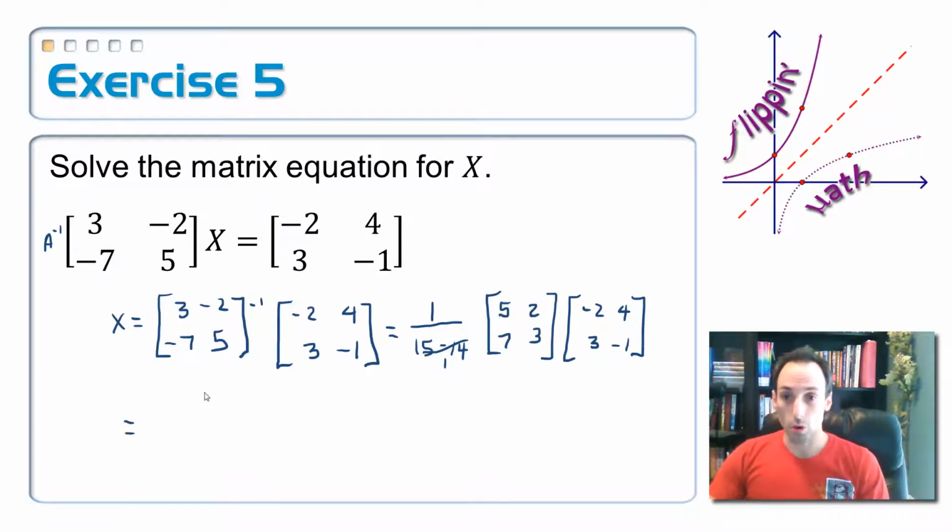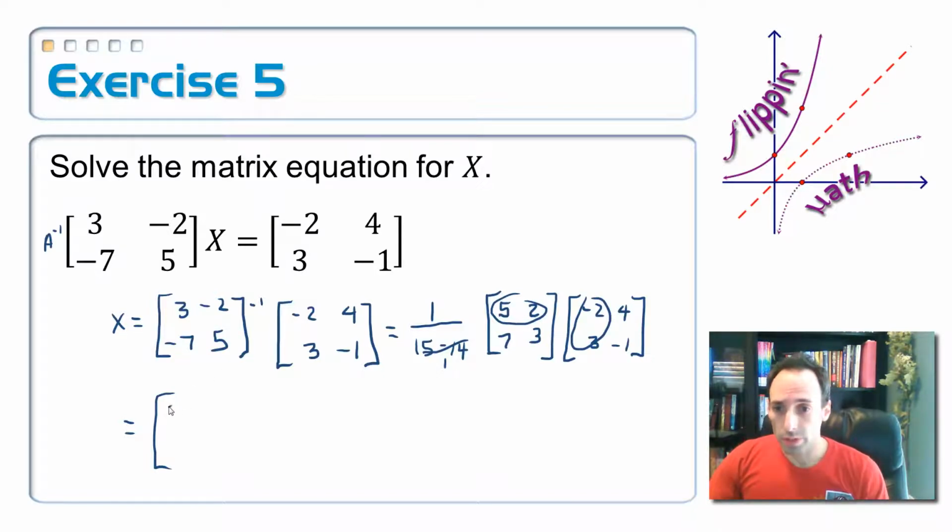So now let's do our matrix multiplication and we'll have our answer. Row times a column, add them up. So 5 times negative 2 is negative 10, plus 2 times 3 is 6. Going on to the next element, 5 times 4 is 20 and 2 times negative 1 is negative 2. Now moving on to the second row, 7 times negative 2 is negative 14, and 3 times 3 is plus 9.